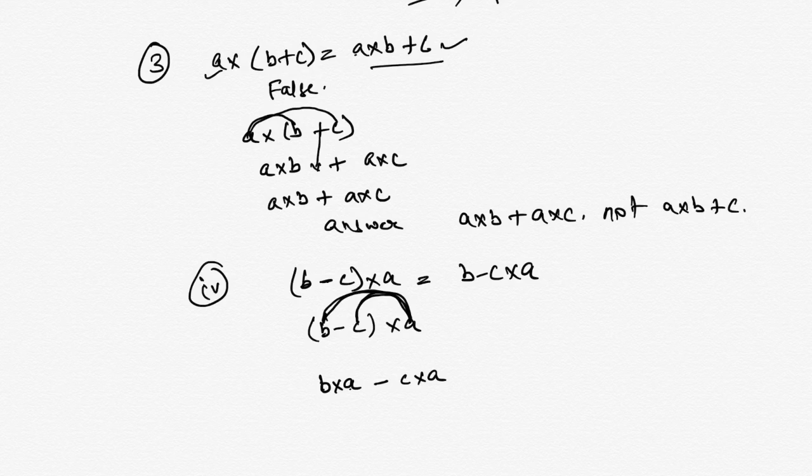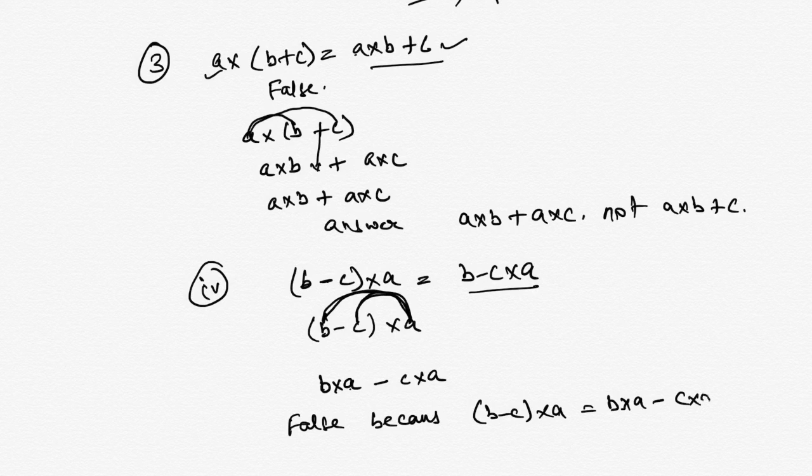What is the answer? They gave B minus C, so that is wrong. So false, because B minus C into A is B into A minus C into A, not B minus C into A.